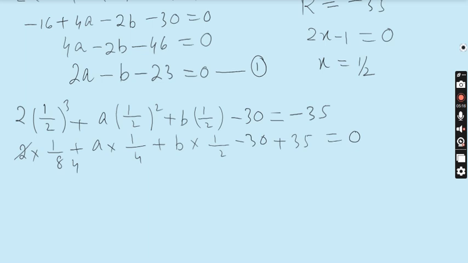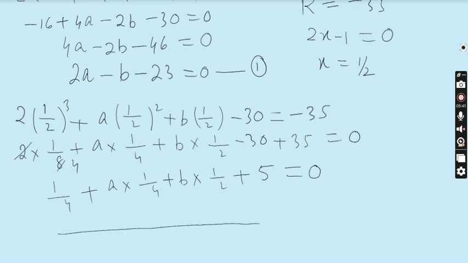So 2 into 1 upon 8 is 1 upon 4, plus a into 1 upon 4, plus b into 1 upon 2, and 35 minus 30 is 5, equal to 0. Taking the LCM 4 throughout the expression, it is 1, it is a, it is 2b, and 4 5s are 20, equal to 0.